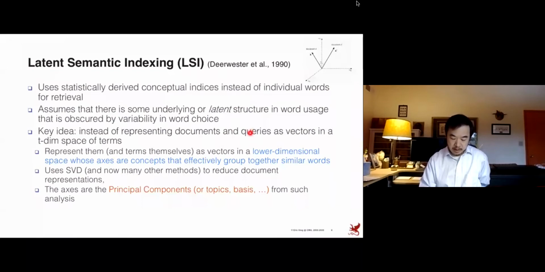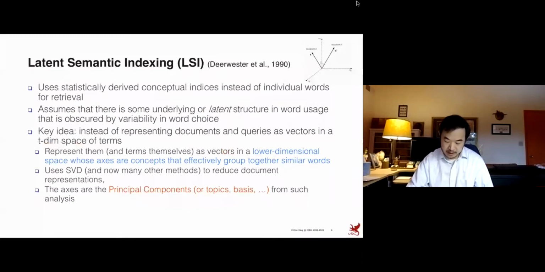queries in a t-dimensional space of terms, like words, what latent semantic indexing is doing is to compute algebraically some vectors, which can create a lower dimensional space.